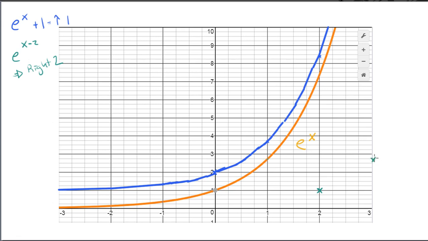So it's going to be right there. And then this point at negative 1 is going to come over here at positive 1. This point at negative 2 is going to happen over here at 0, and this point at negative 3, where it's basically on the axis, that's going to happen at negative 1.